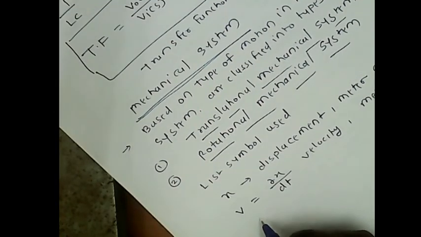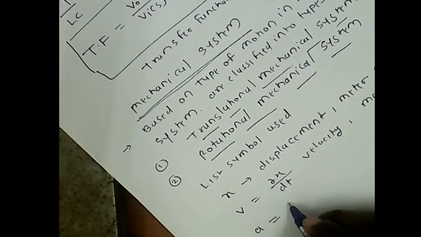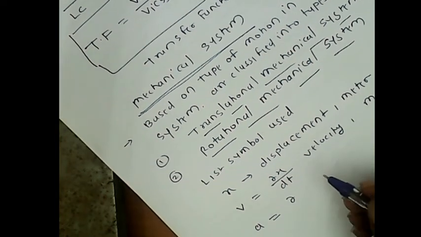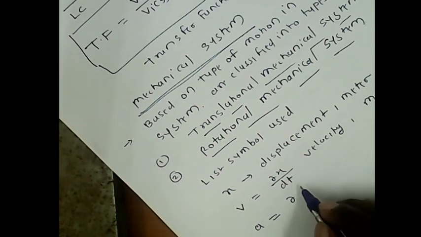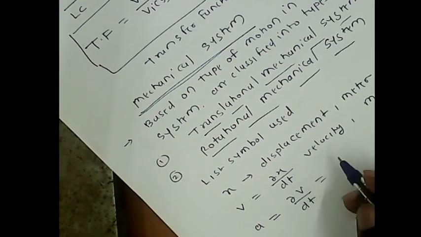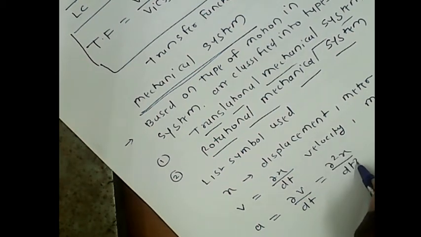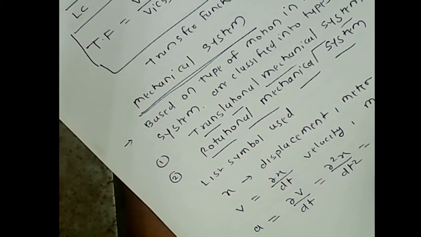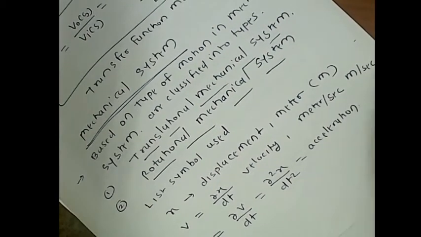Then acceleration, rate of change of velocity, so that is dv by dt. Also we can write d square x by dt square, and the unit for this acceleration is meter per second square.